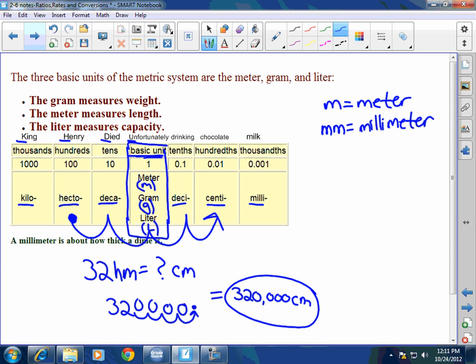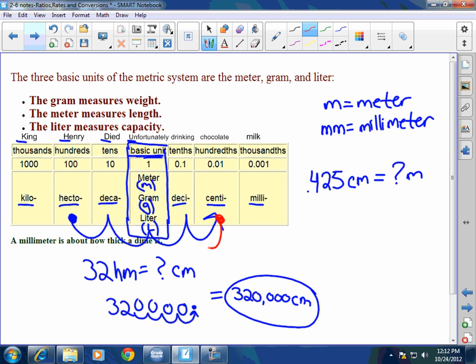What if I tell you, excuse me, you have 0.425 centimeters, and you want to turn that into meters. Where am I starting? We'll do this in red. We're starting with centi, right? Where am I going?